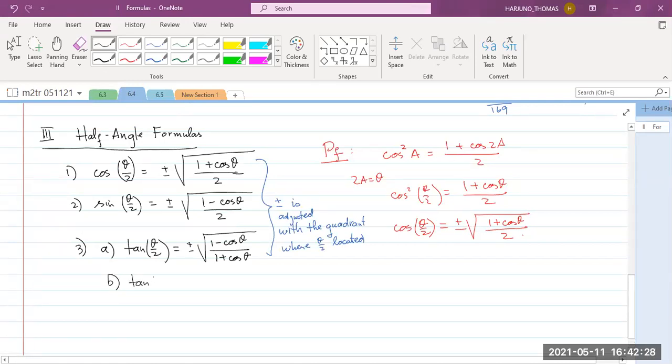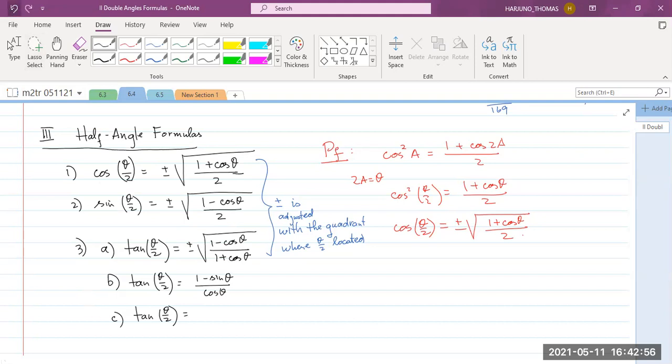Okay. The second variation of tangent half angle is 1 minus cosine theta over sine theta. The third variation, which is equivalent, like of these three formulas, the last two are equally important.